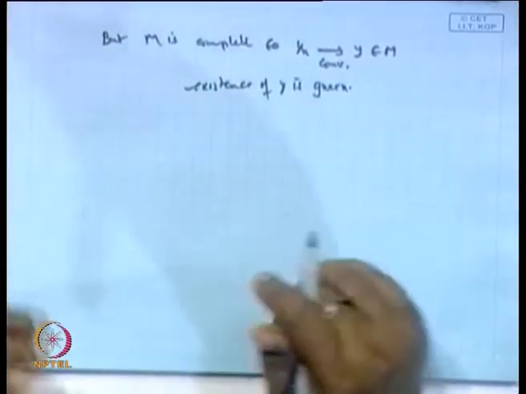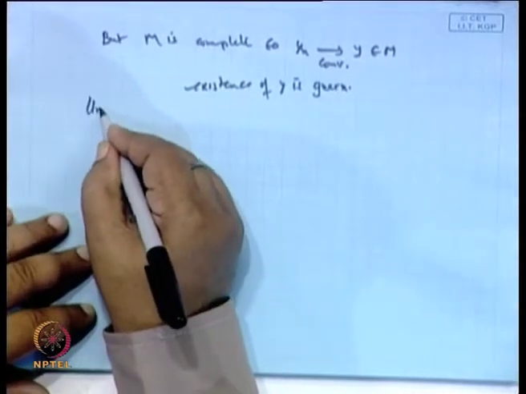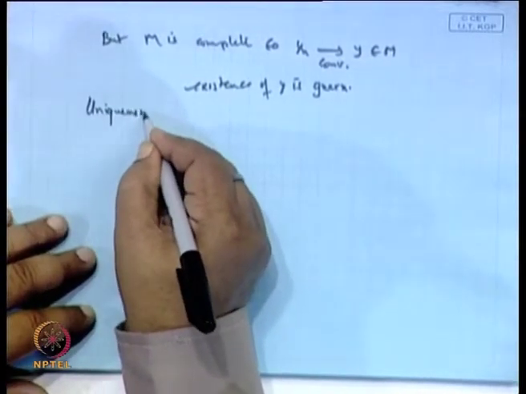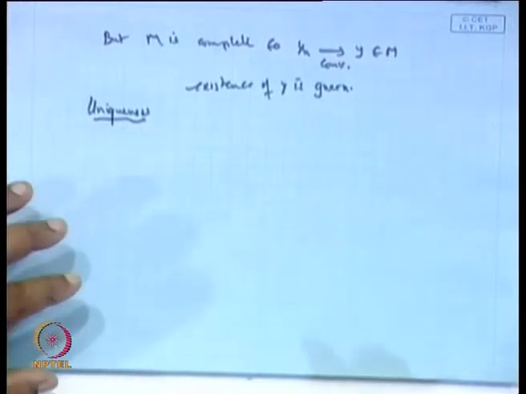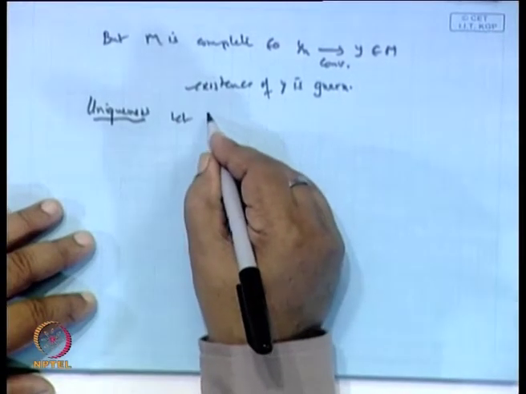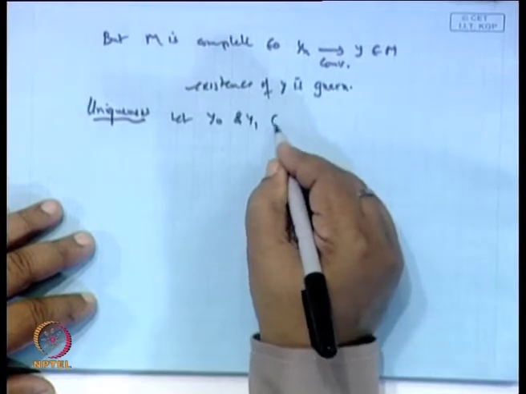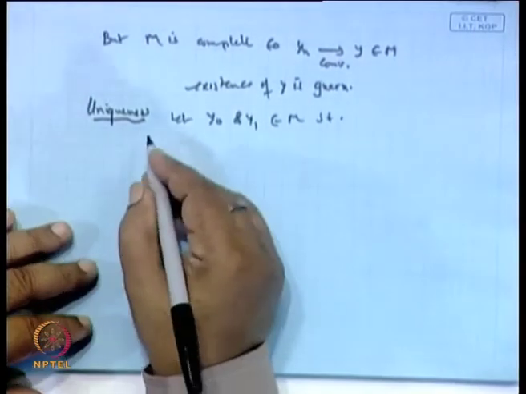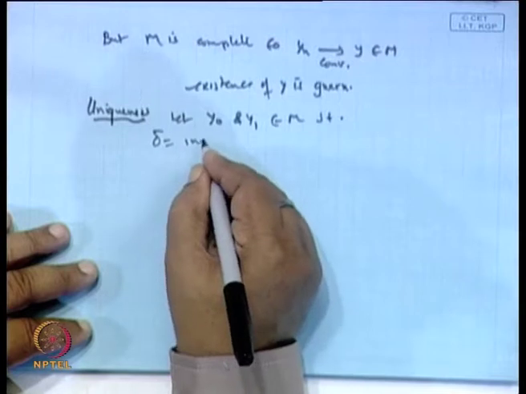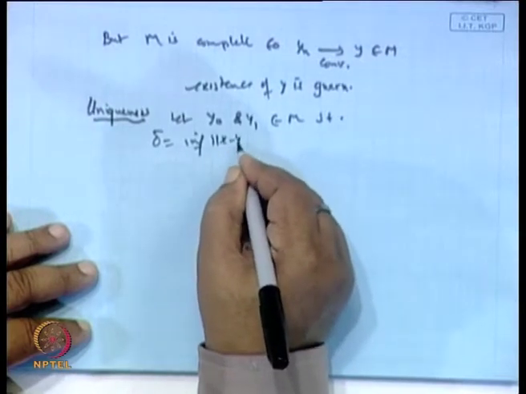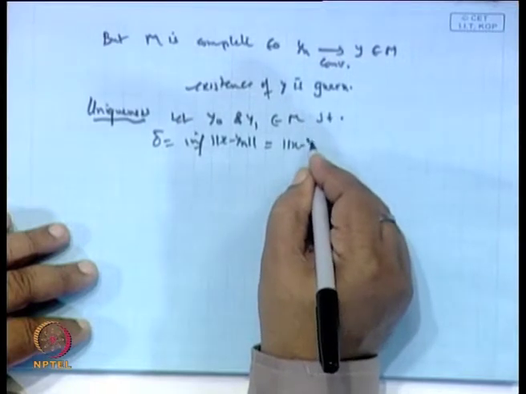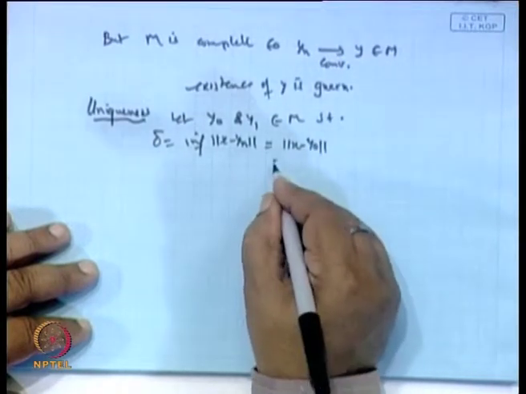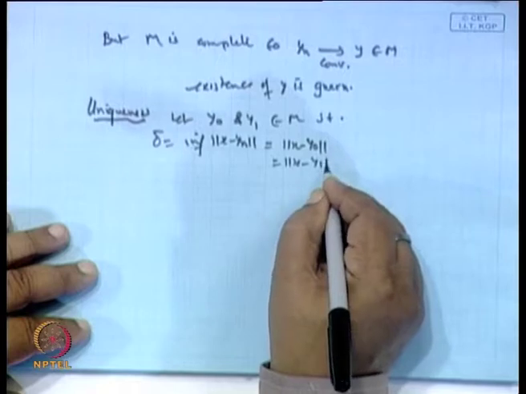Okay. Now, the uniqueness of y. Suppose there are two values. Let y naught and y 1 be points in M such that delta, which is the infimum of norm x minus y n, is equal to norm of x minus y naught, and this is also the same as norm of x minus y 1.